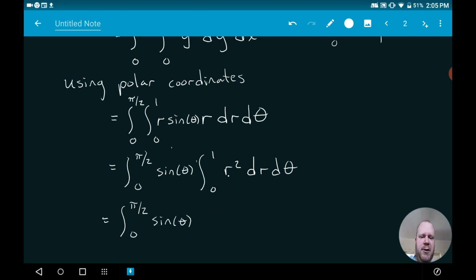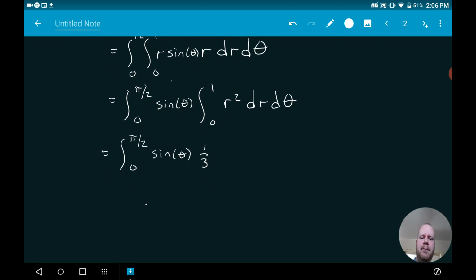Okay, this is 1/3 r to the third, evaluated from 1 to 0, so this is going to be 1/3 times 1. I skipped quite a bit there, hopefully that makes sense.